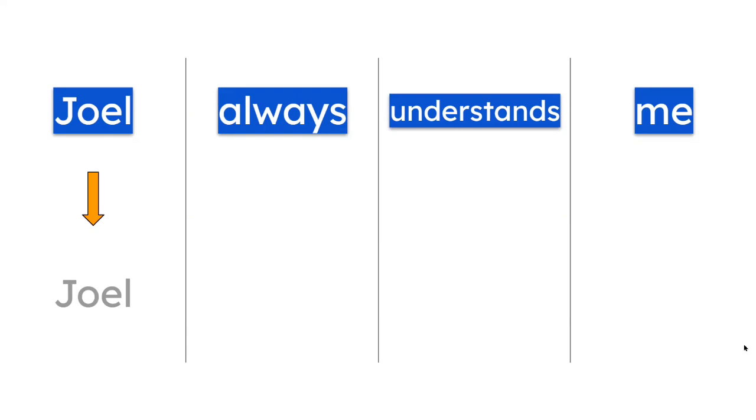Always. How do we say always? Always is siempre, right? Joel siempre. And now the next word is the verb understand. But I'm sure you know that we don't have to say understand now. Not yet. What do we say? That's right. We say first me.